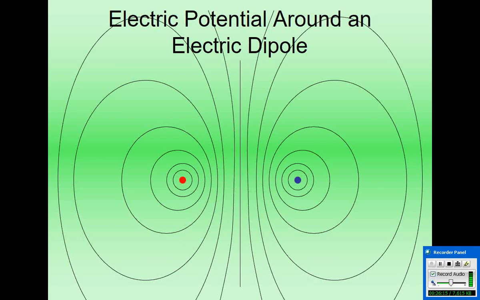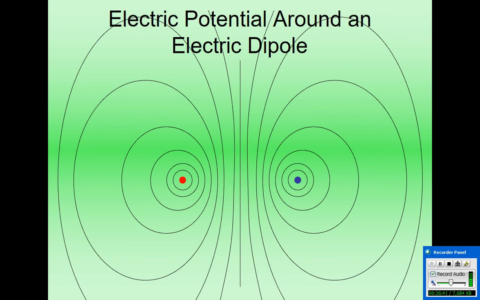I also want to bring up the idea of electric potential in the situation of the electric dipole. And you can see on the screen that we have an electric dipole, equal but opposite charges in close proximity to each other. And the curves that you see on the screen are like a topographic map. They represent locations of equal voltage.